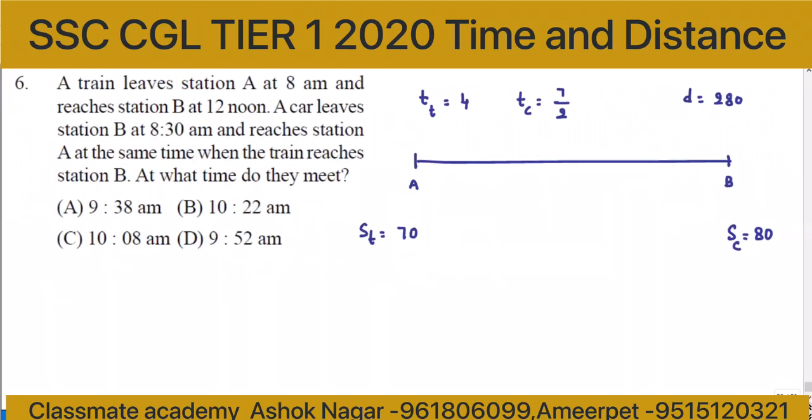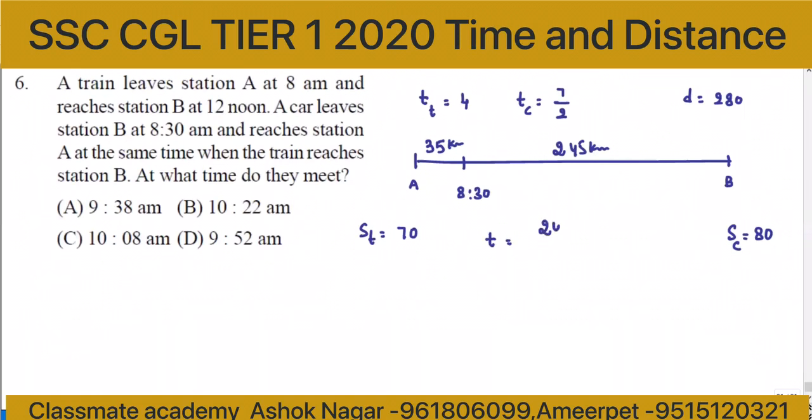Now tell me, in half an hour how much distance does the train travel? At 8:30 the train will already have traveled 35 kilometers. The remaining distance is only 245 kilometers. How much time does it take for them to meet?